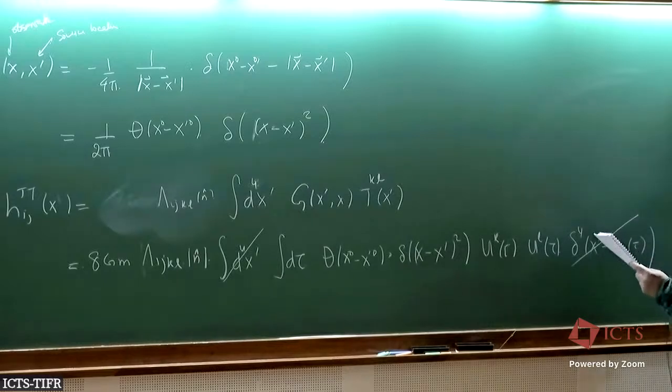So we solve this (x minus x prime) square, sorry. So this x prime has now become x_s(tau) after removal of the delta function, right? That x prime has become x_s.